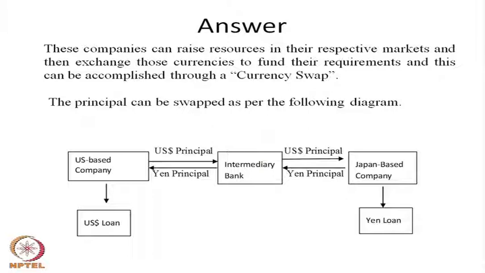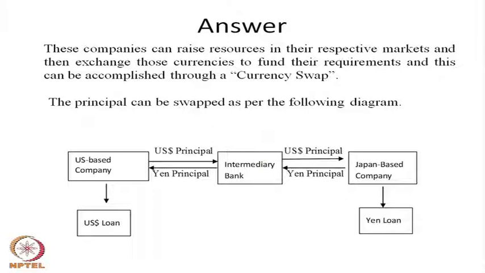After the maturity date, both companies re-exchange the principal, that is yen will be paid by the US company, and dollar will be paid by the Japanese company. In this process, the currency swap transaction can take place.